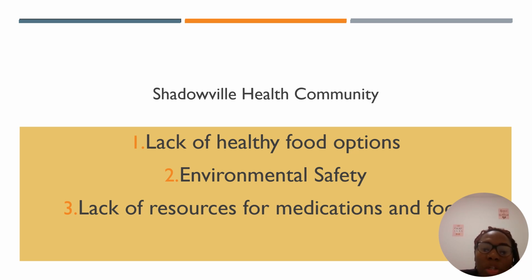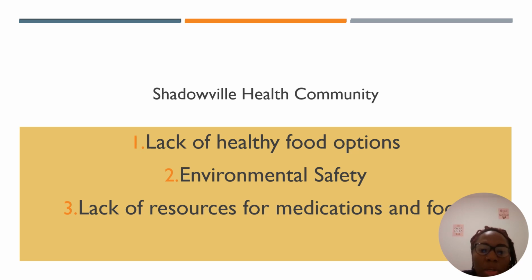Within the community, they had a fast food restaurant with burgers, milkshakes. They didn't really have many healthy food choices within the community. So that's how I came up with healthy food options. The second one I came up with was environmental safety.